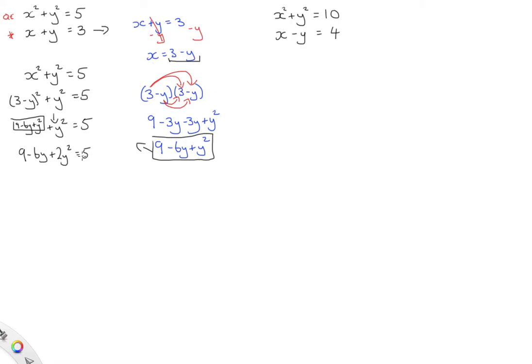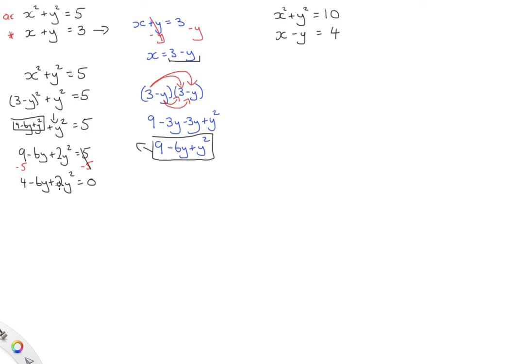And if we bring the 5 to the other side, it becomes a minus number. Or if we're balancing this equation, we can minus 5 from both sides. They cancel. So you're left with 4 minus 6y plus 2y squared equals 0.